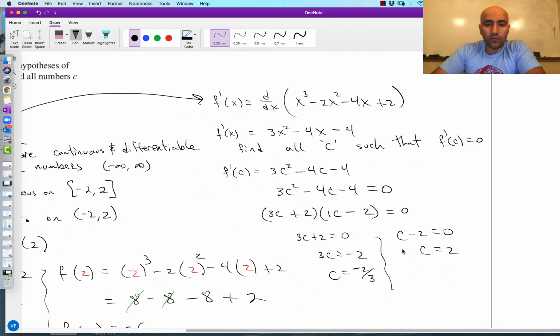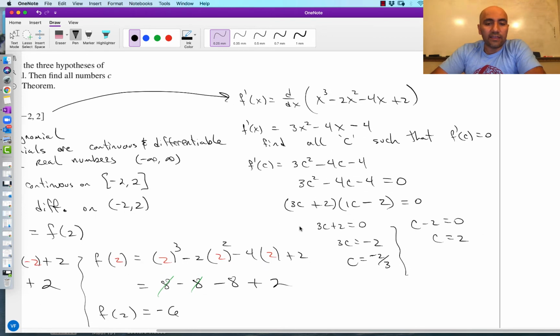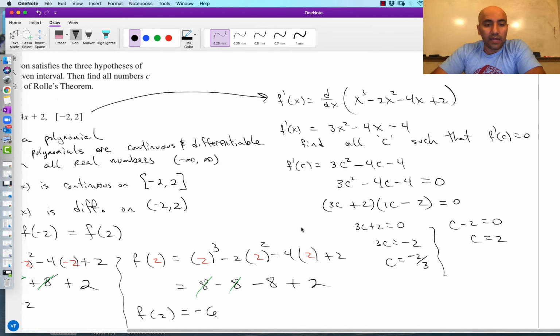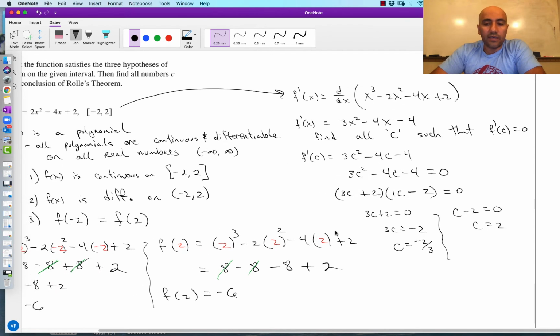Let's zoom out over here. Those are the two solutions. But remember, Rolle's theorem said that we needed to be inside the open interval from negative 2 to 2, not the closed interval. There must be at least one value c in the interval between a and b, not including the endpoints, such that f prime of c equals 0.